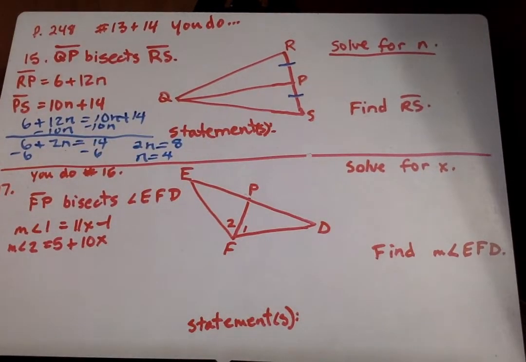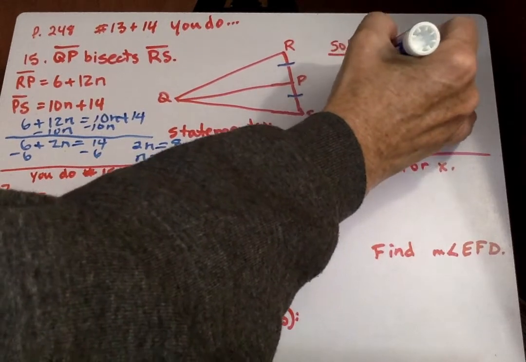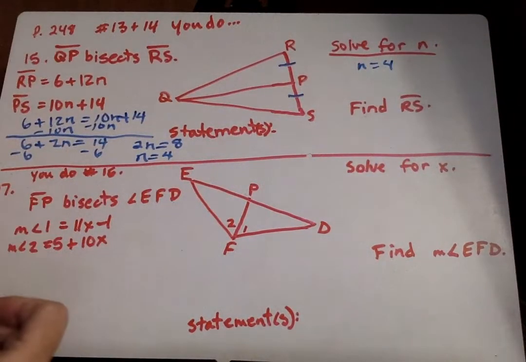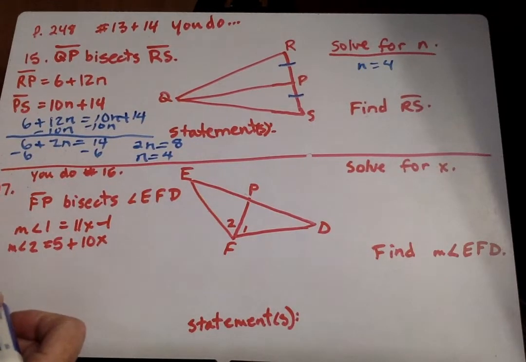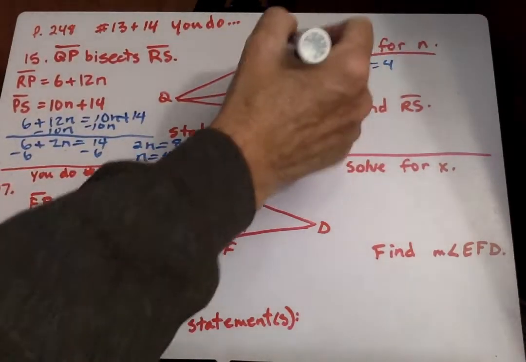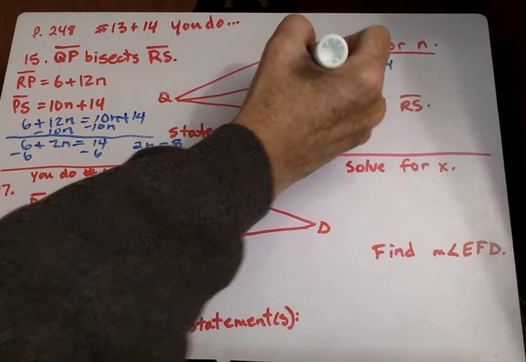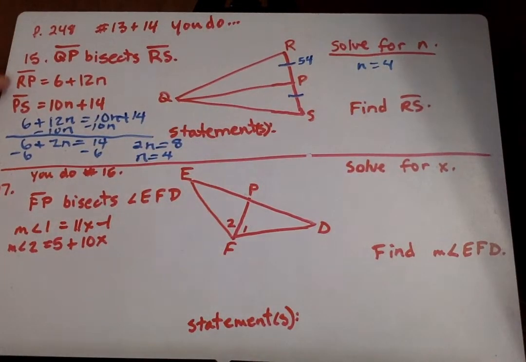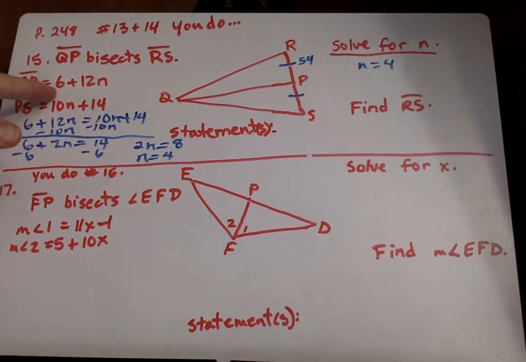Okay, we can double check that. So we can say n equals 4. And we say 4 times 10 is 40, plus 14 is 54. So RP would be 54. And for the other side, 4 times 12 is 48, plus 6 is 54.